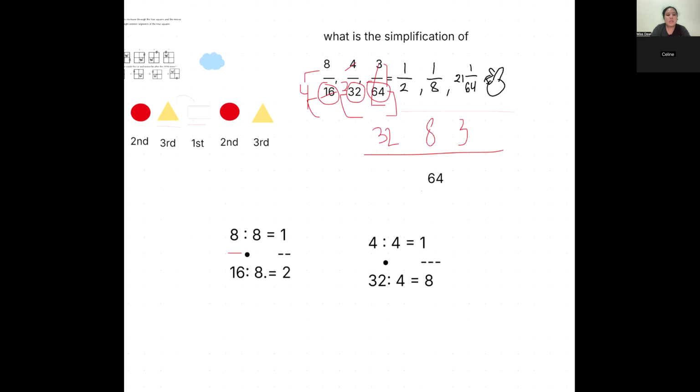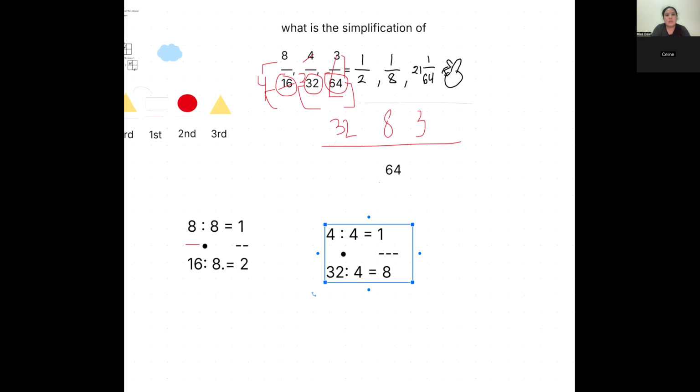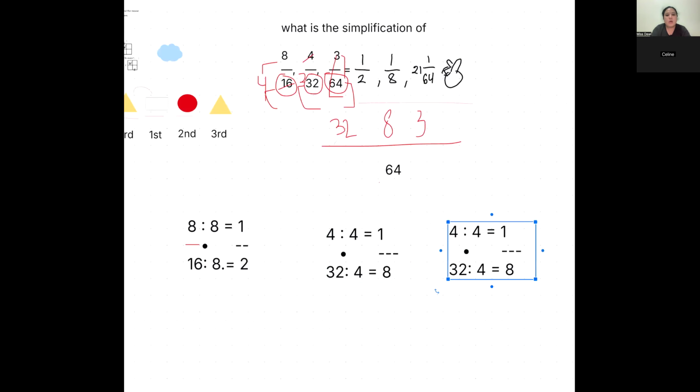Okay, next is 3 out of 64. This one maybe will be a little bit different.